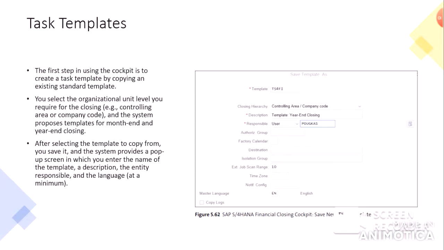After selecting the template to copy from, you save it, and the system provides a pop-up screen in which you enter the name of the template, a description, the entity responsible, and the language. So we will give the description and who is responsible and in which language we are going to create this task template.